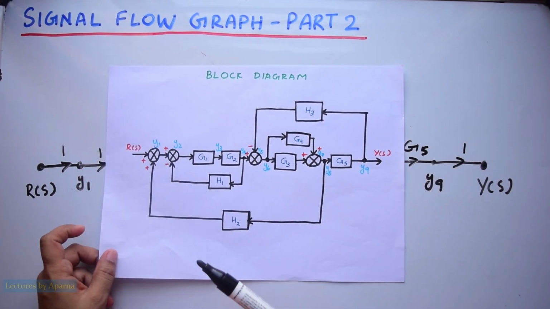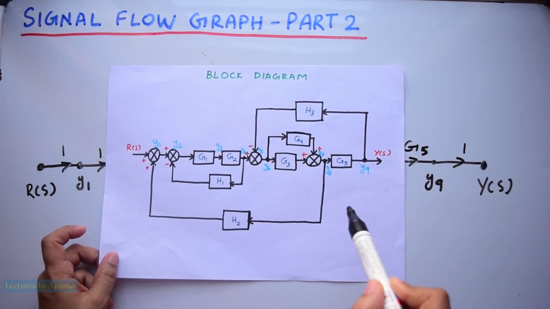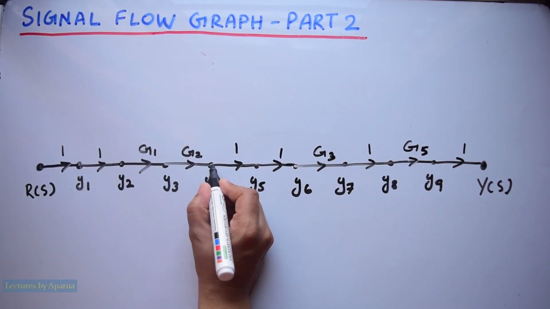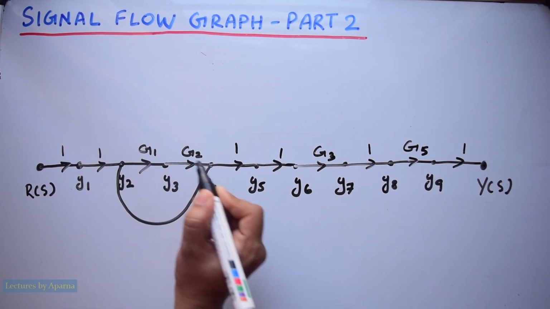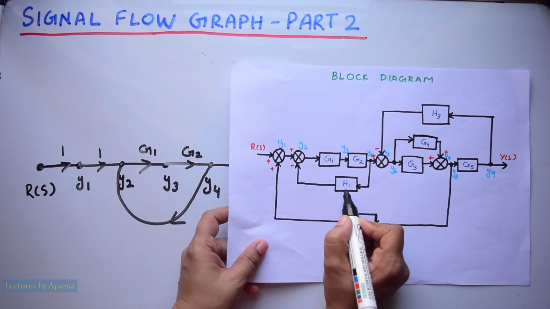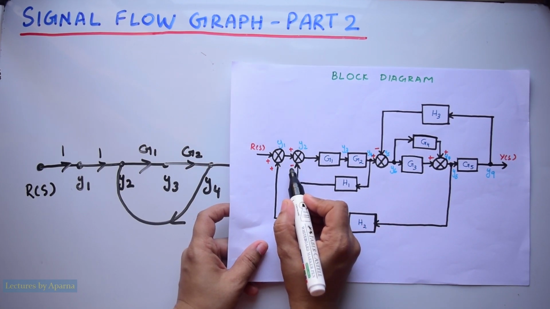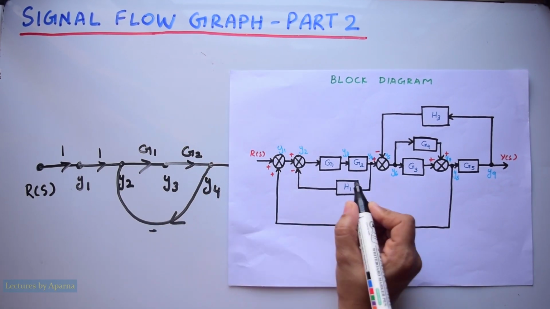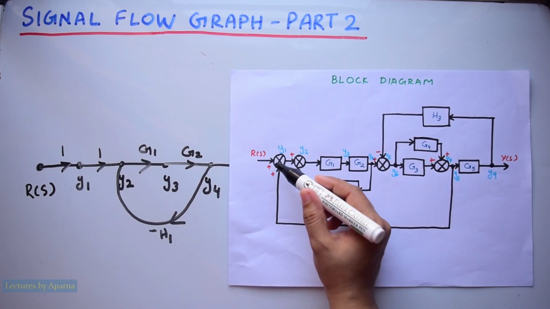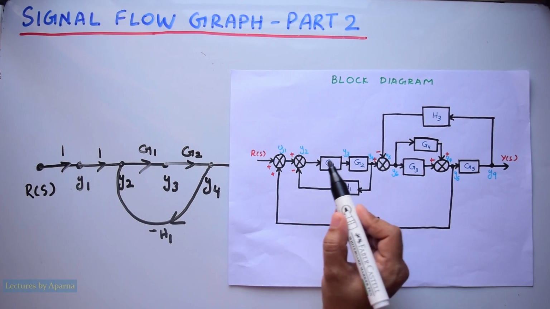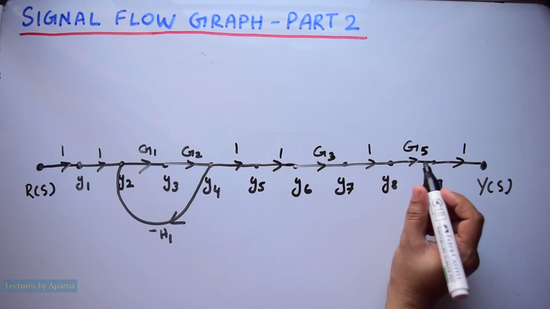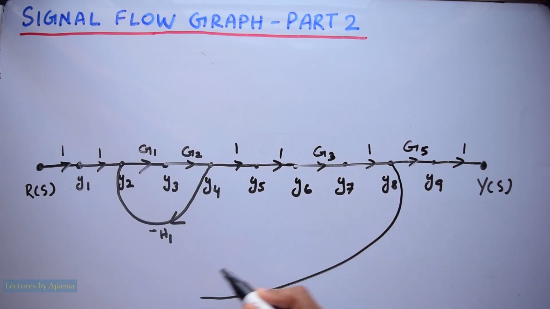Now we have to mark some more feedback paths and forward paths. Between Y4 and Y2 there is a feedback path. So you have to draw a feedback path from Y4 to Y2, and its gain should be written as minus H1 because it is a negative feedback here. Now there is also a feedback path between node Y8 and Y1. So you have to draw a path from Y8 to Y1.